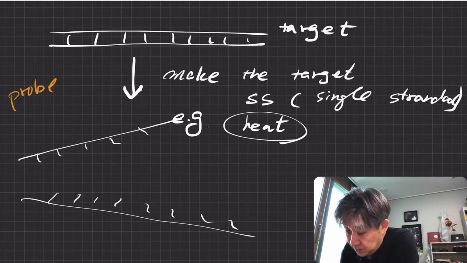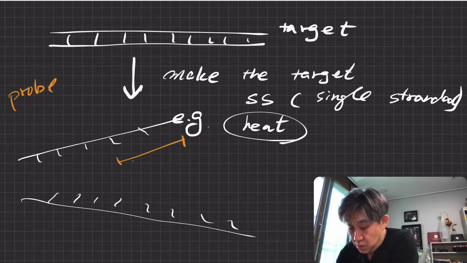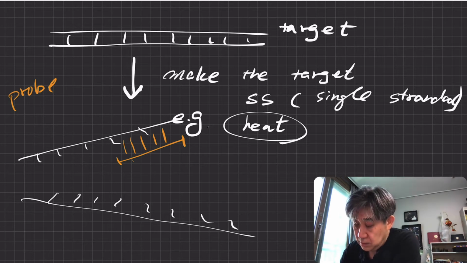So let's say your probe DNA is small, and then this probe can interact with some part of the region of the target DNA.